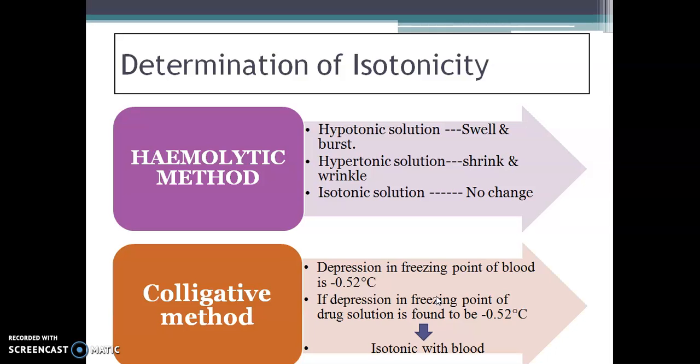So, the depression of the freezing point of blood is minus 0.52 degrees Celsius. If the depression in freezing point of the drug solution is found to be minus 0.52 degrees Celsius, the solution is said to be an isotonic solution.